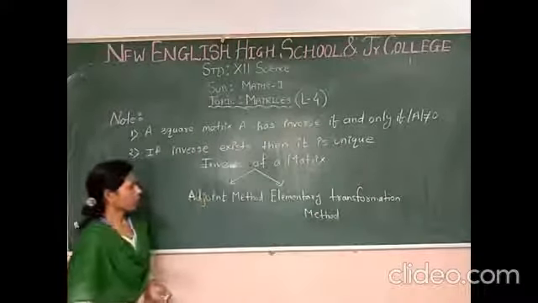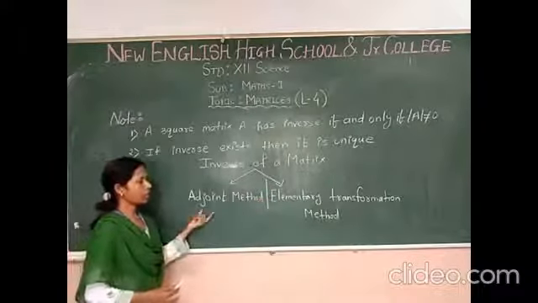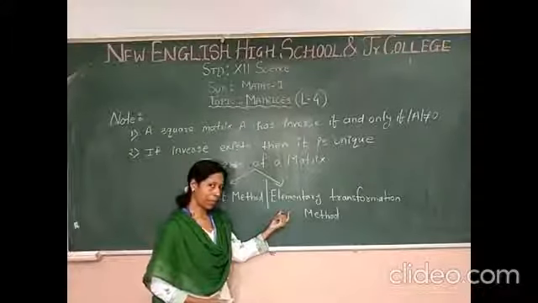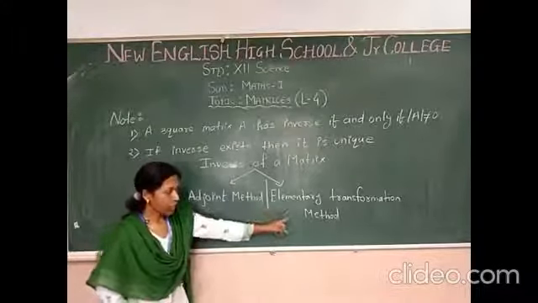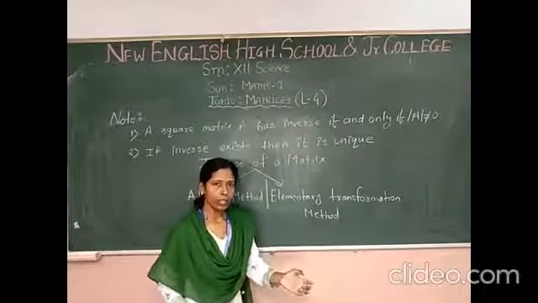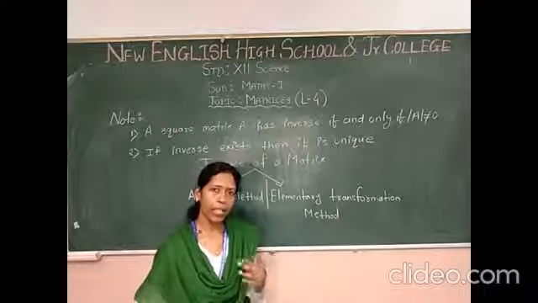Okay, two methods are there. First one adjoint method and second one is elementary transformation method. We are going to discuss these two. And in this elementary transformation method, you can go with row transformation or column transformation.